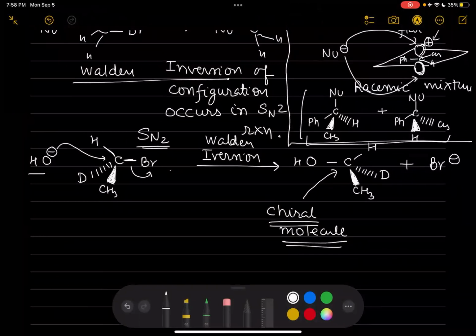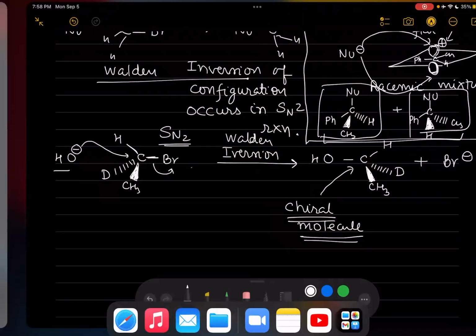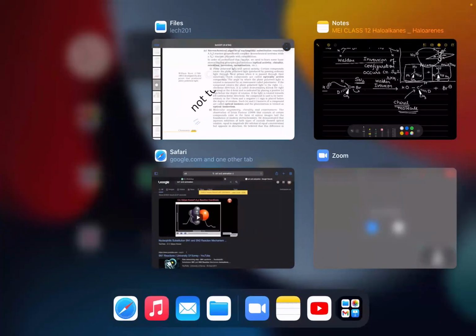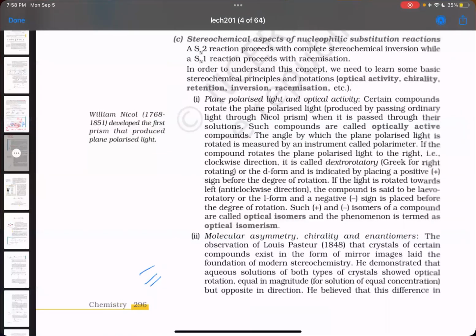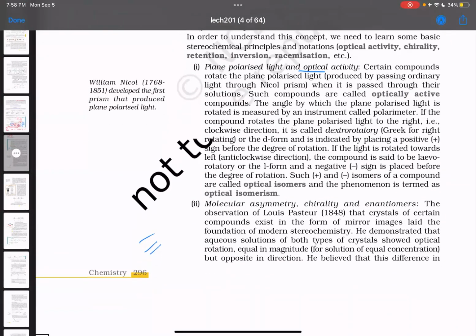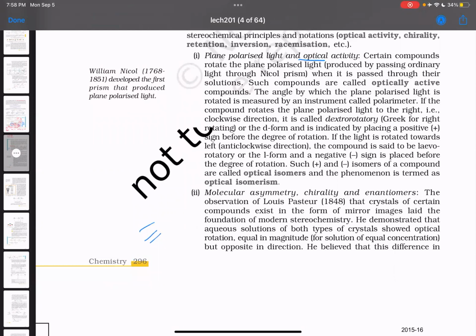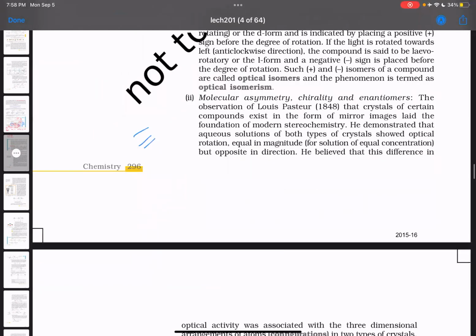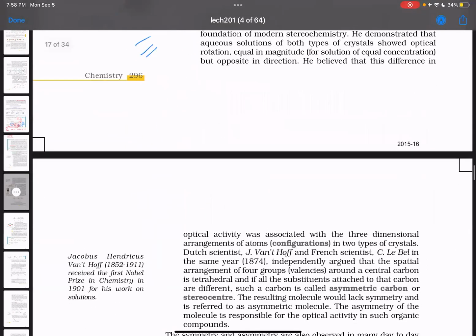So you will have these two isomers, and I have shown you the models of these two isomers, and with that you can understand the plane polarized light and optical activity. I will show you what is plane polarized light.